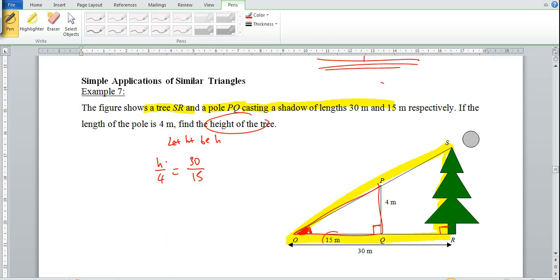This is the only corresponding sides that I know, so I'm going to hinge on its ratio to find the unknown. If I cross multiply, I'll get 120 equal to 15h. Therefore, h is equal to 8 meters. So this is an application of similar triangles.